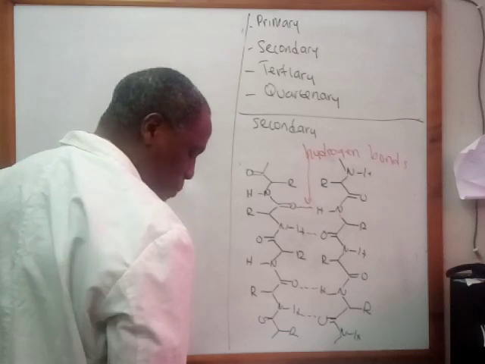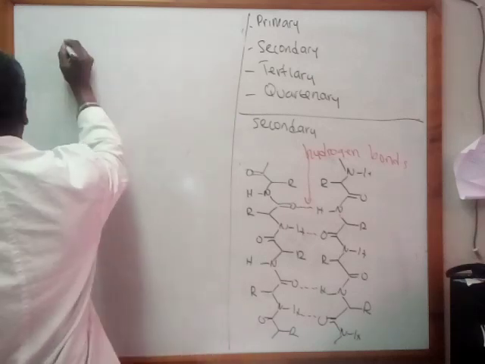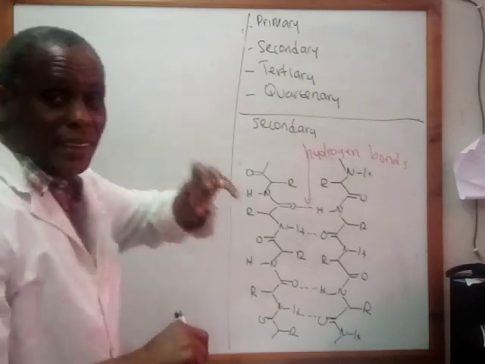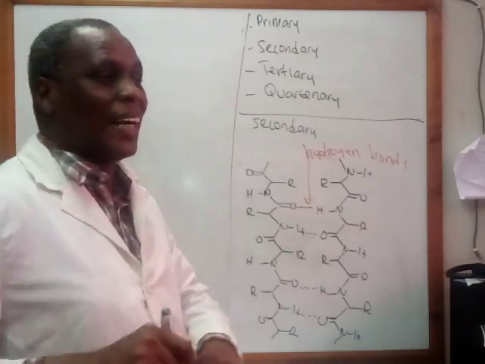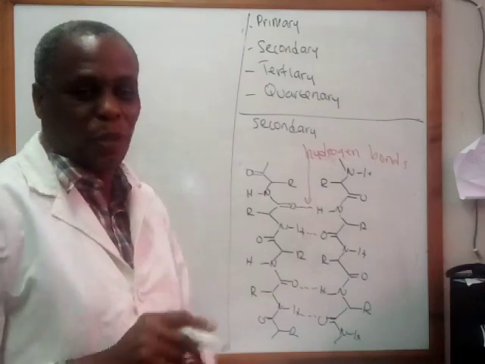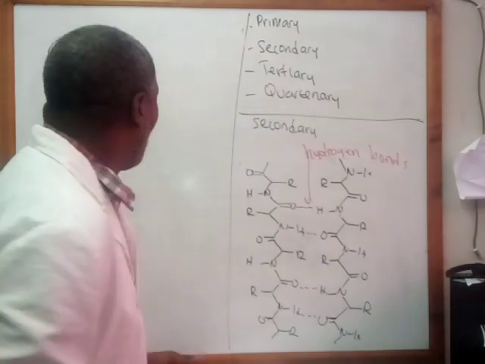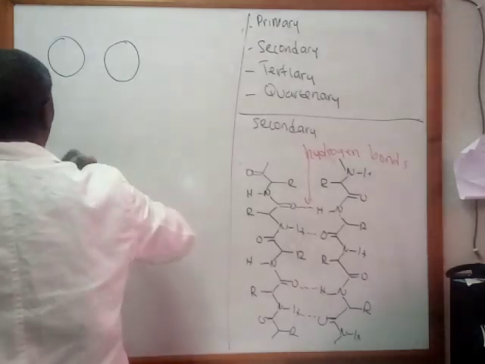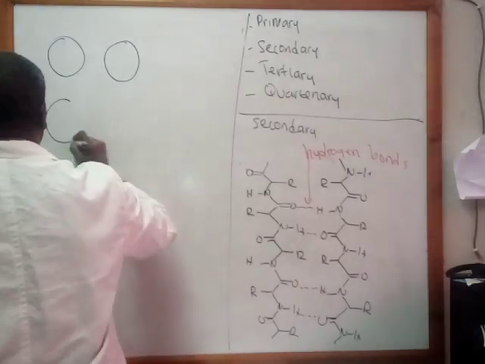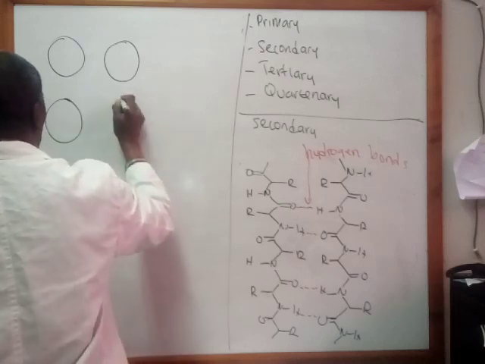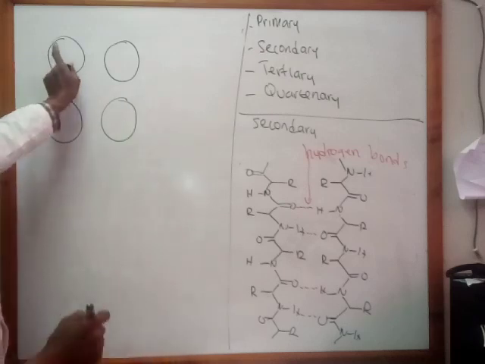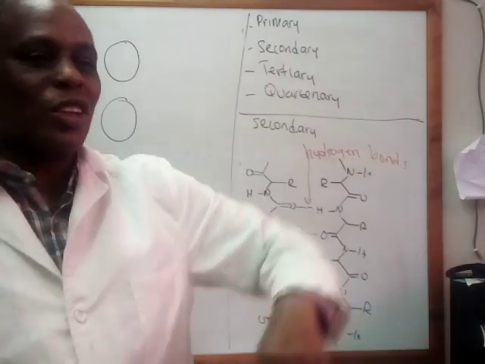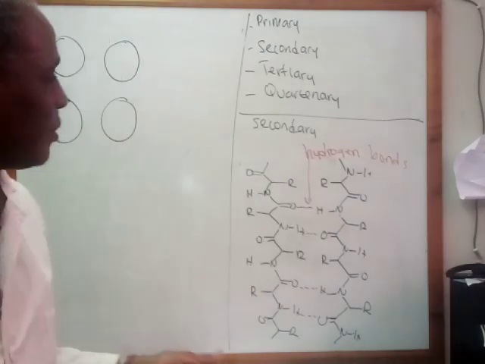For a selective type of protein, if I put that circle representing a tertiary structure of the protein, the complete structure of the protein, you can have probably a second tertiary structure, a third one, and a fourth one. So in this case, you've got four units of the tertiary structure of the protein.